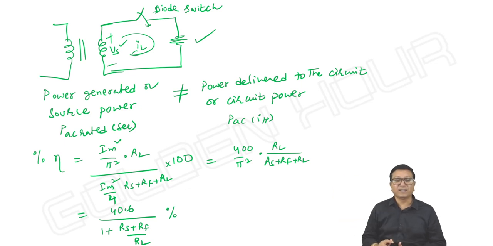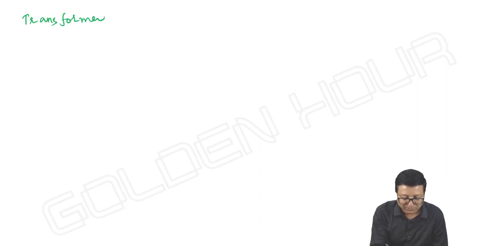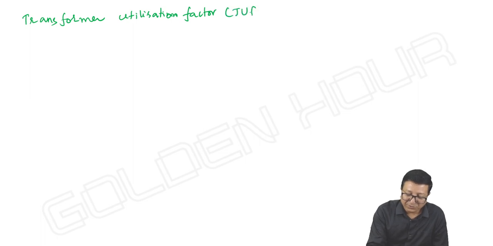The output is DC, and the input, if I directly take the power across the secondary winding, then the conversion efficiency is known as the transformer utilization factor, TUF.